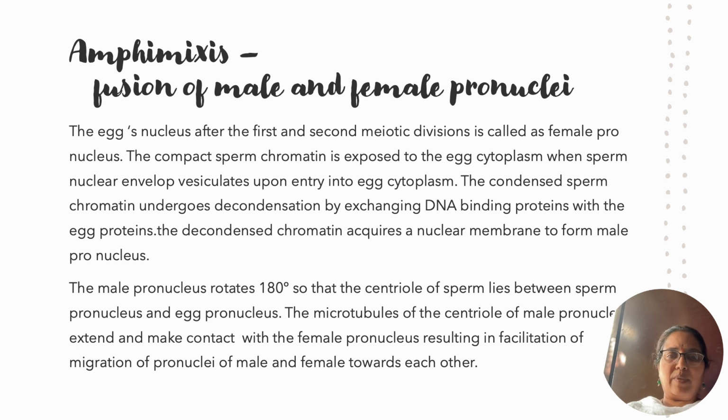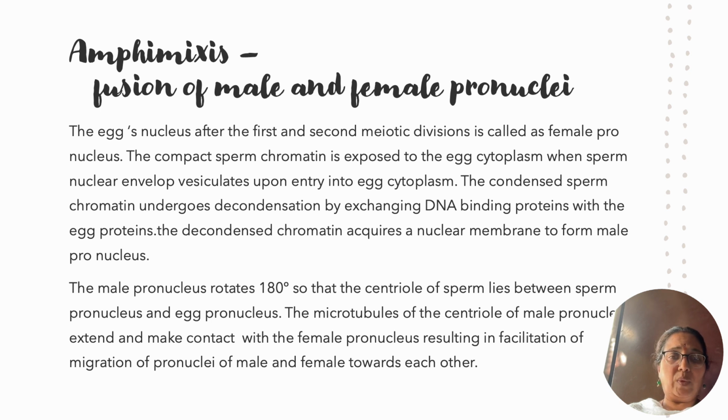The compact sperm chromatin is exposed to the egg cytoplasm when the sperm nuclear envelope vesiculates upon entry into the egg cytoplasm. The condensed sperm chromatin undergoes decondensation by exchanging DNA binding proteins with the egg proteins. The decondensed chromatin acquires a new nuclear membrane to form the male pronucleus.